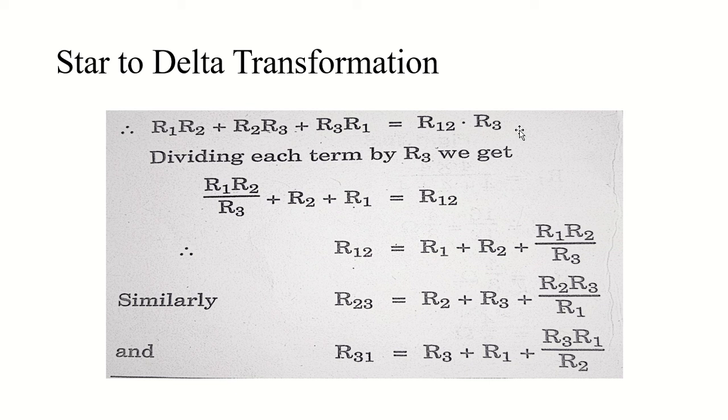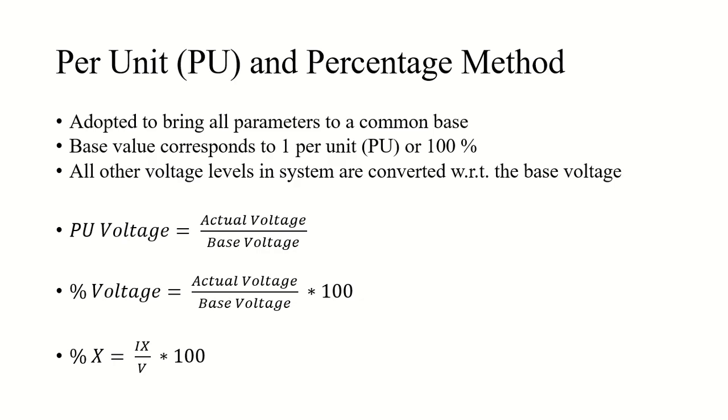Now we will be moving forward with another topic which I want to discuss today. It is called per unit, or per unit values, or percentage method. Let's straightaway dive into that.